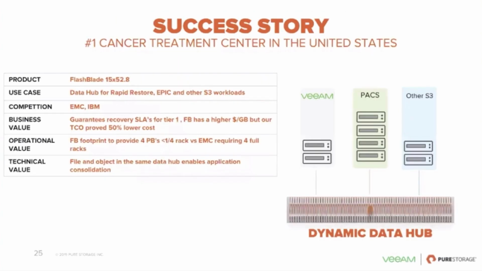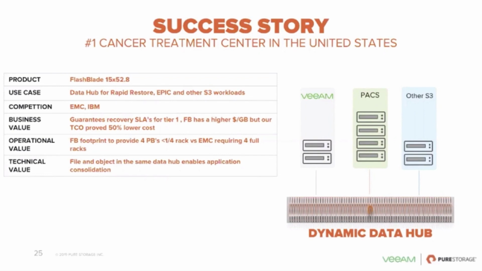And again, just an example, and I spoke to this earlier, one of our customers where we had great success with Veeam is where we had them using PACS, the medical imaging application, and some other S3 workloads.